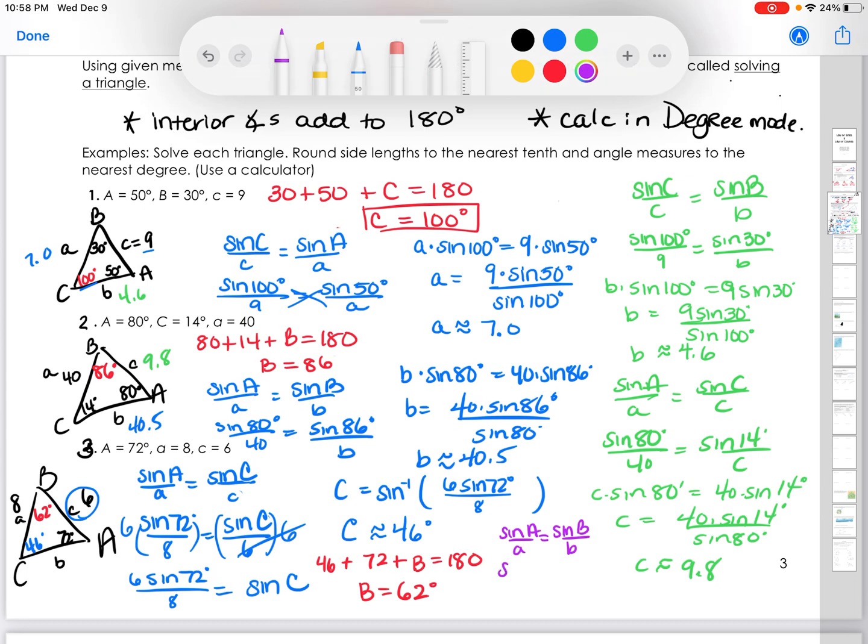So we know sine of 72 over 8 is equal to sine of 62 over B, and I will cross multiply. So I'm going to get B times sine of 72 is equal to 8 times sine of 62. And then I'll divide. So B is going to equal 8 times sine of 62 divided by sine of 72, which is going to give us about 7.4. I know all three angles, all three sides, so now it's solved for.